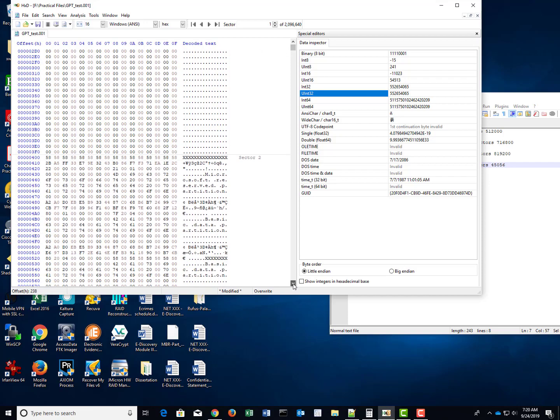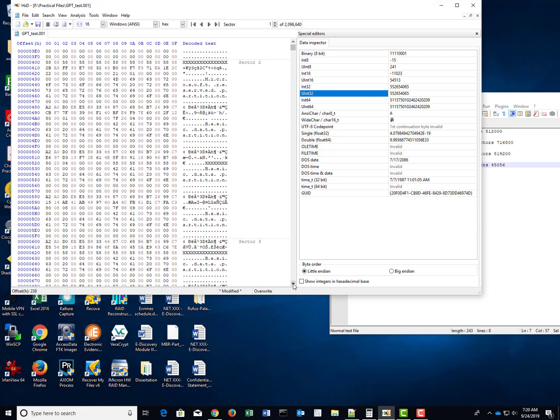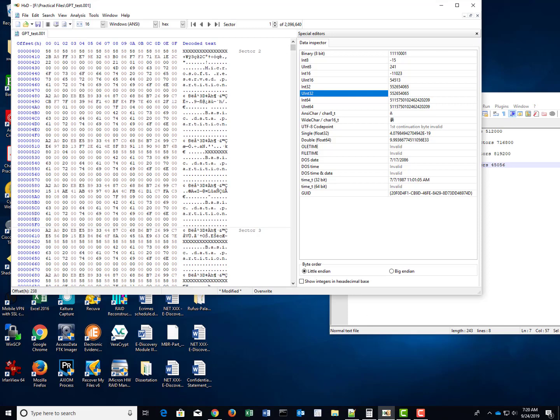Now I come down to sector 2, the actual partition table. Question 21 is, what is the partition type for the first? So this is a type GUID. This is a Microsoft reserved, and Microsoft reserved partitions always have the same type GUID, and you can find that in the appendix.